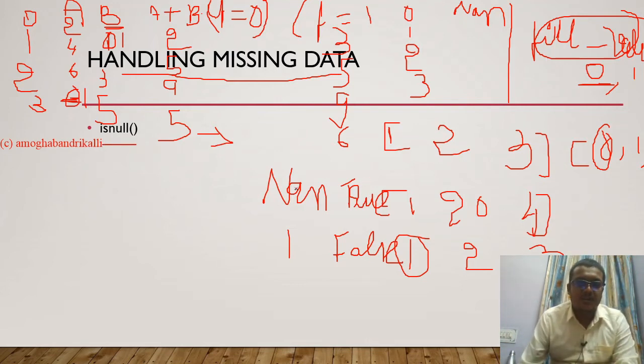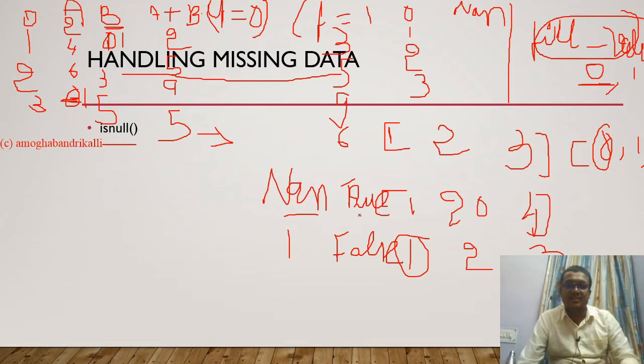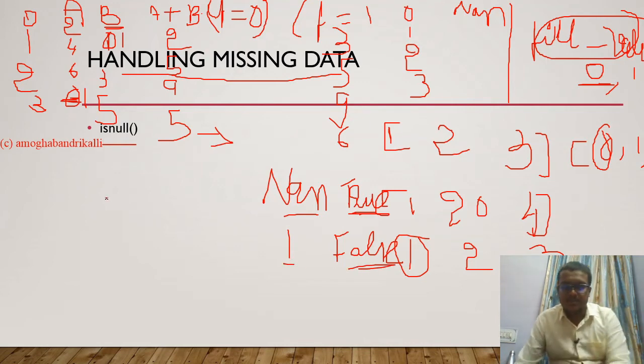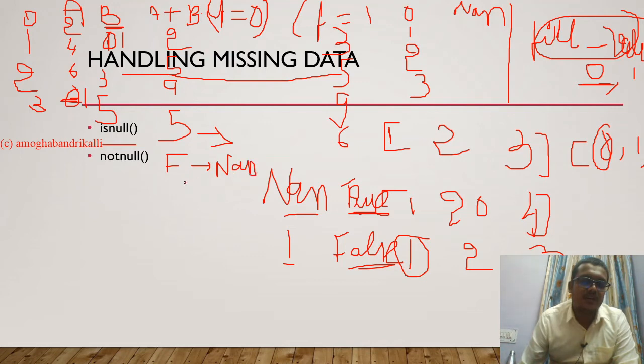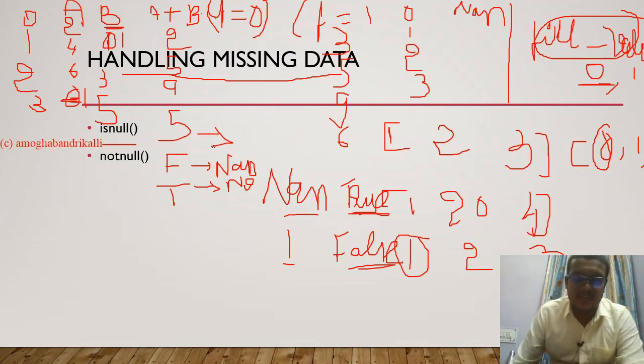So whenever NaN is present at that index, true is printed; wherever a number is present, false is printed. That is called isnull. Notnull means the inverse operation: in the position of NaN we get false, and true in the position of numbers or actual data.